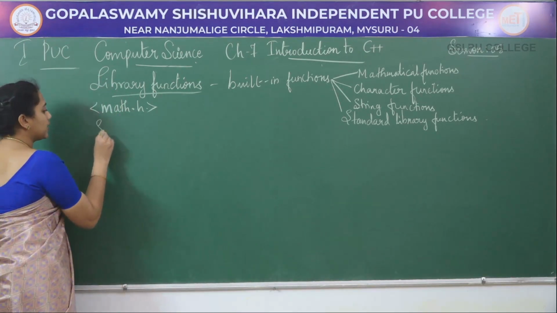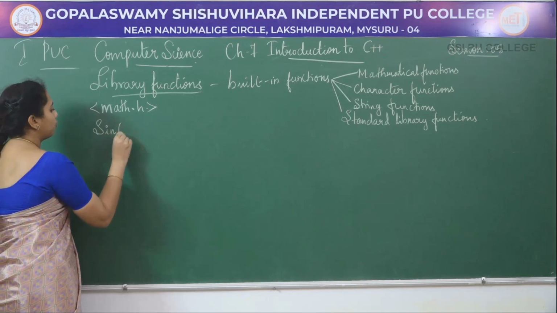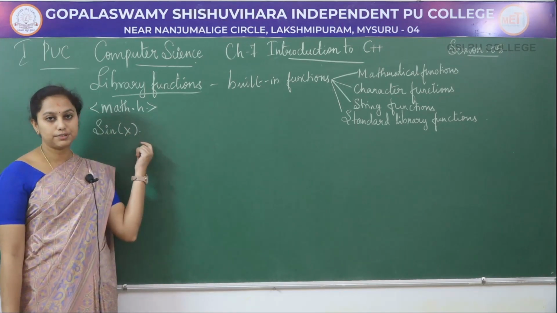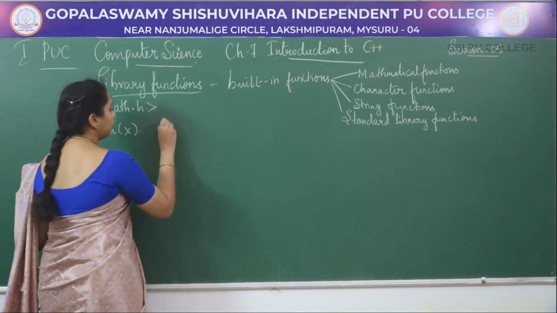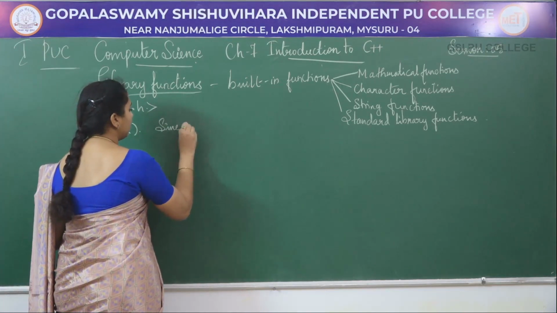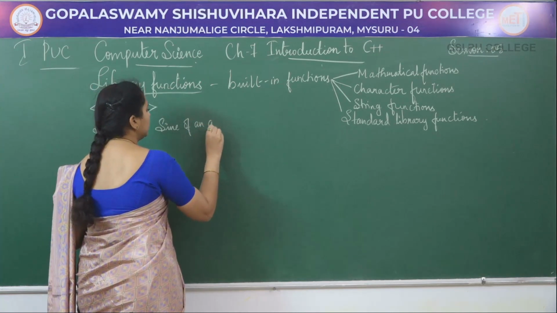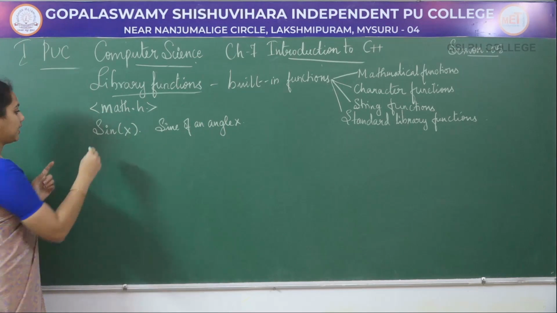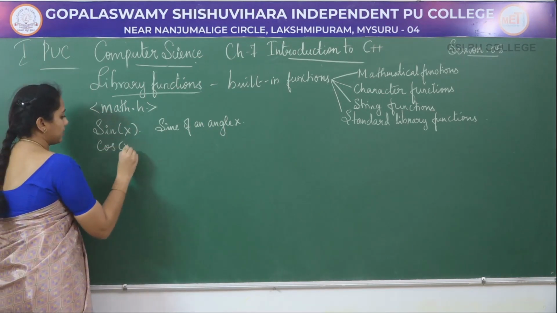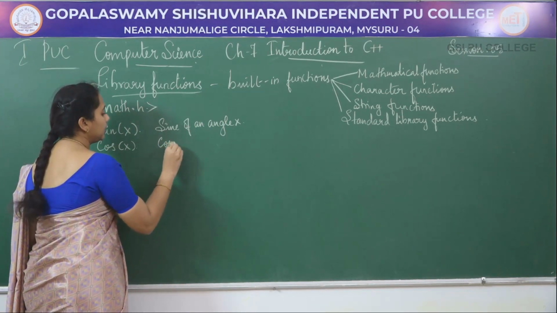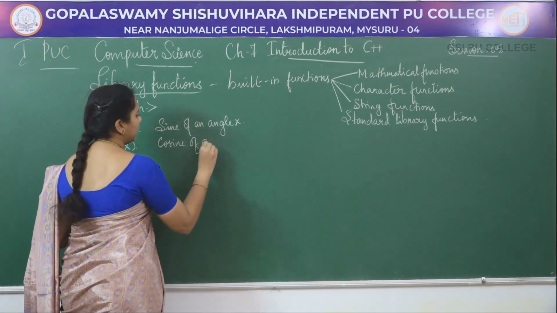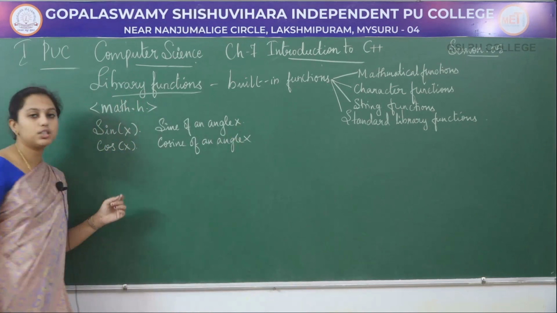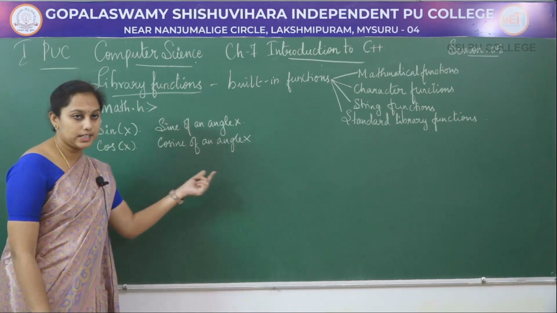The first one is sin of x, where we are finding the sine of an angle x. Next is cos of x, where we are finding the cosine of an angle x. These are all measured in radians.